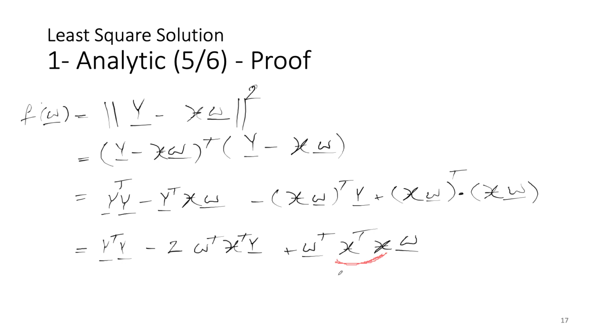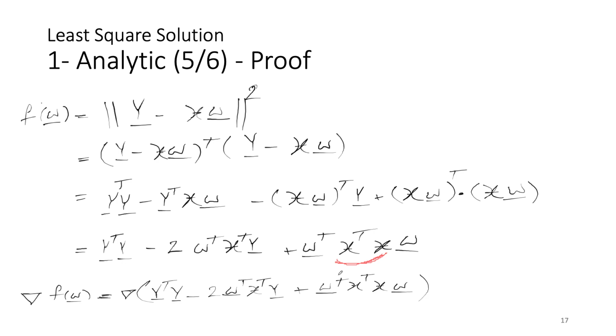It's an identity matrix, right? And then finally we arrive at this. So if I'm interested in finding the gradient of this function, it's as if I find the gradient for this value, right? That this is a gradient for all this value. Okay? Clear up to now?